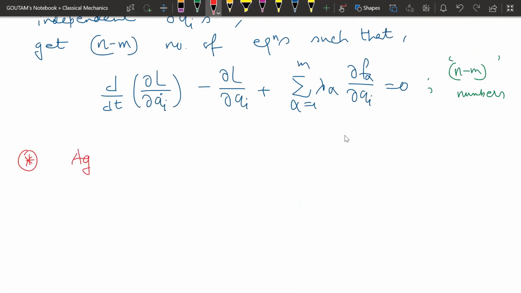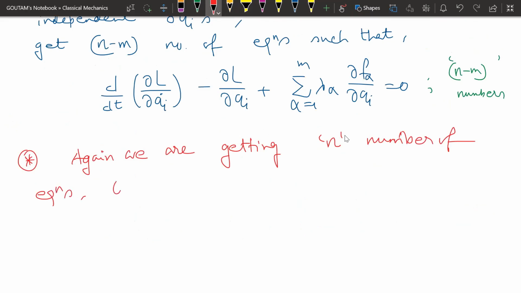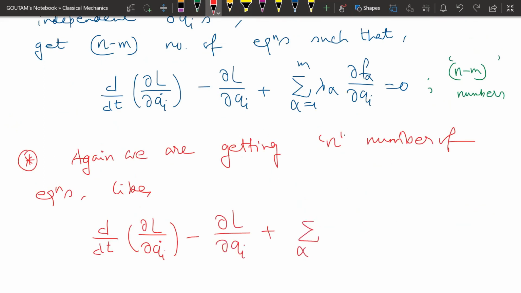So again we are getting n number of equations like d/dt of del L del Qi dot minus del L del Qi plus sum over alpha equal to 1 to m lambda alpha del F alpha del Qi equals 0.